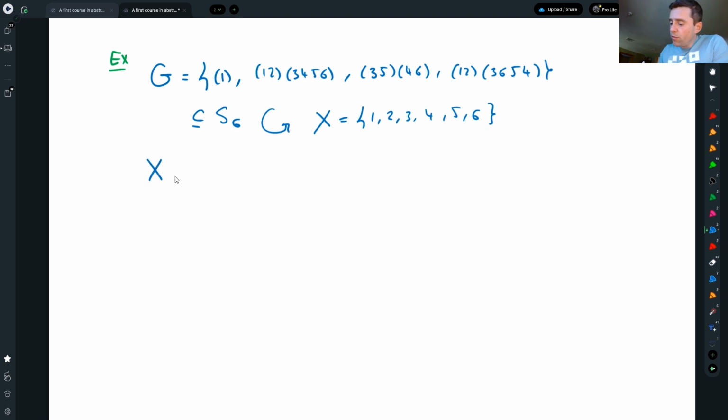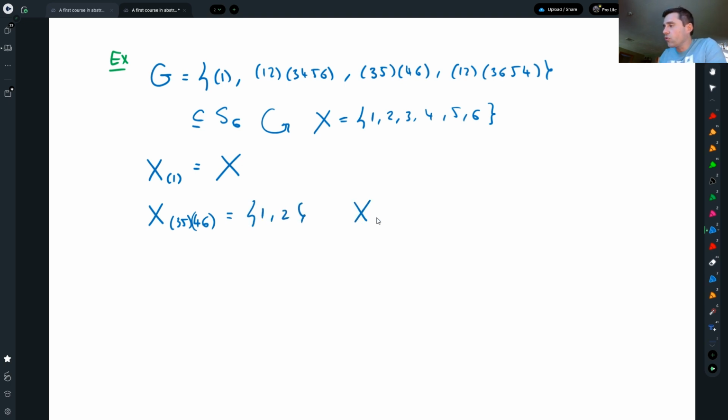So let's compute some of these things. What are the fixed points by the identity? Everything is fixed by the identity, so I get X back. What are the fixed points by the element (3 5 4 6)? It moves 3, 5, 4, and 6, so the only things that are not moved are 1 and 2.